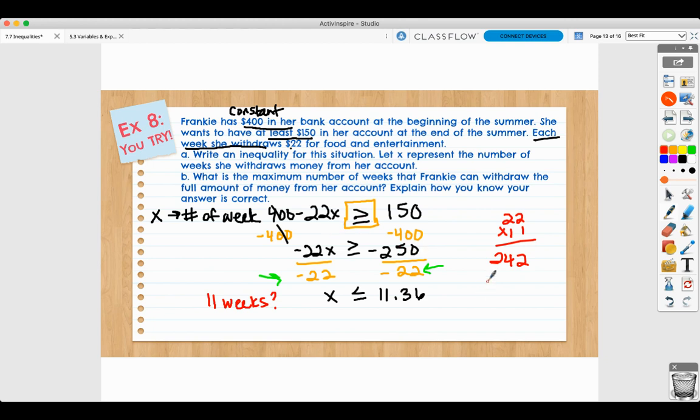Okay, that's this part. 400 minus 242 is 158. So that fulfills the requirement that she needs at least $150 in her account at the end of the summer. So that greater than or equal to from the beginning actually fulfills the requirement. So this is true. Okay?